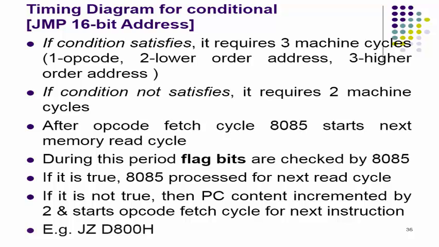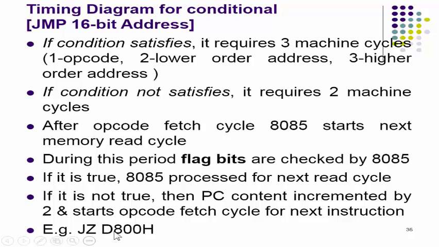For example, JZ D800. JZ means jump if zero flag set. In the second machine cycle, it will check the zero flag bit. If the zero flag is set, it will change the program sequence starting from D800. That is, D800 gets loaded in the program counter and execution will start from D800.